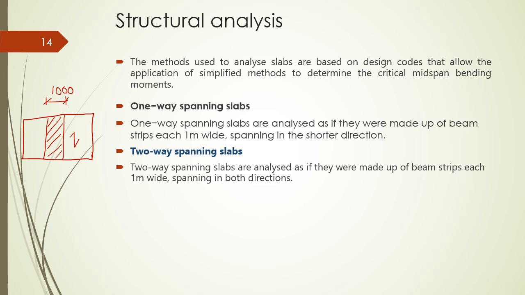In two-way spanning slabs, the slabs are analyzed as if they were made up of beam strips, each 1 meter wide, spanning both directions. Just to sketch again, if this was the rectangular two-way slab, we will have to design this meter strip. This is 1 meter or 1000 millimeters.